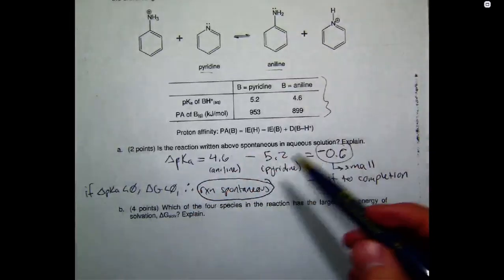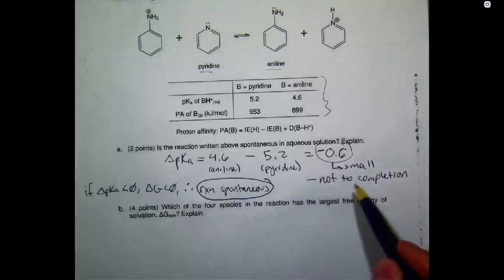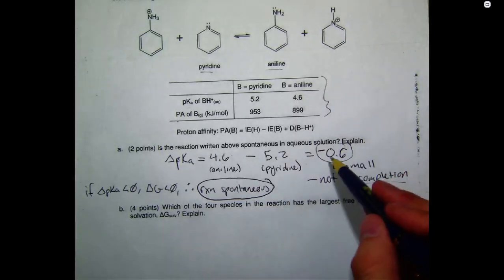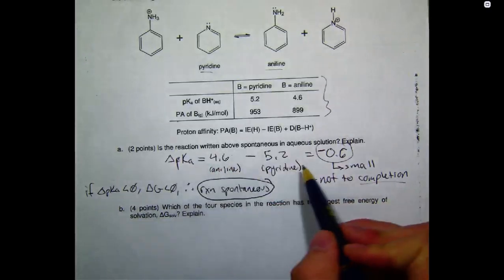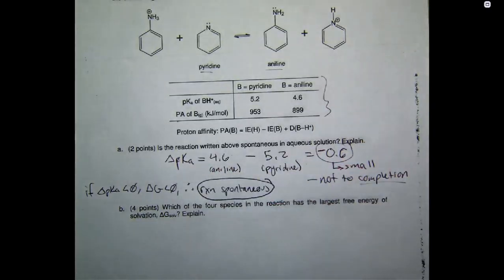Alright, so the correct answer for this question was that we do have a spontaneous reaction, and remember that has nothing to do with whether or not it goes to completion or what the rate of the reaction is. It just is the difference in free energy, or in our case we approximate that with the delta pKa between the products and the reactants. So when we find that that's negative, then we have a spontaneous reaction.